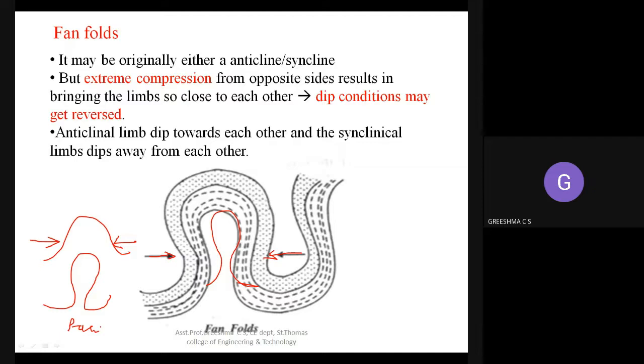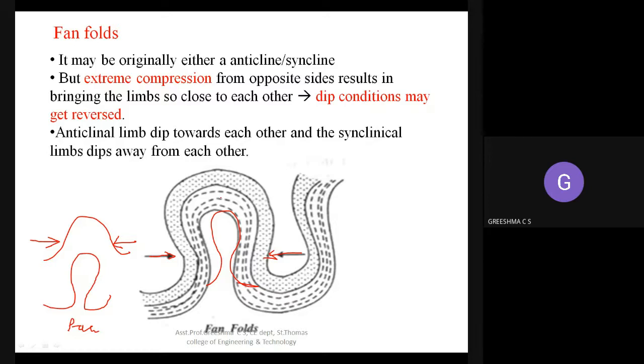Here the dip condition is getting reversed, so the anticlinal limb will dip towards each other, and the synclinal limb will dip away from each other. See, this is a syncline, dipping away from each other, and the anticline is dipping towards each other. So that is fan fold.